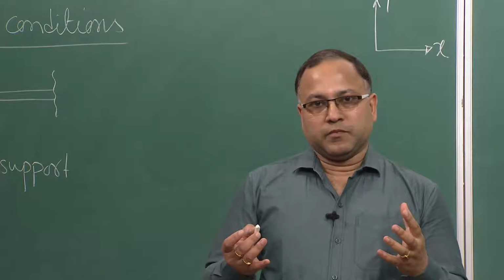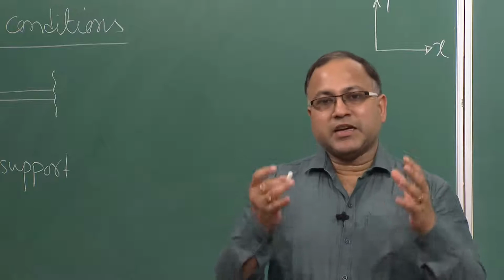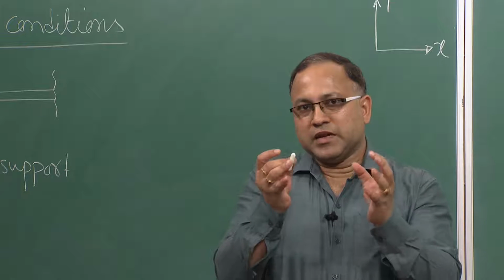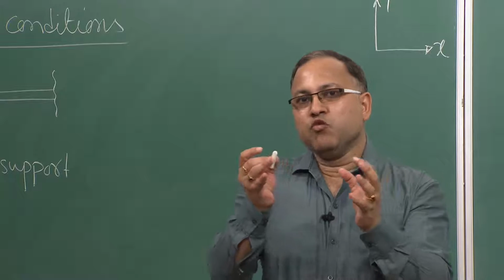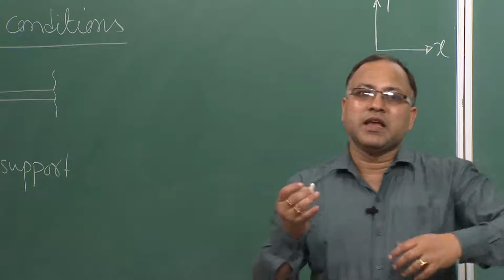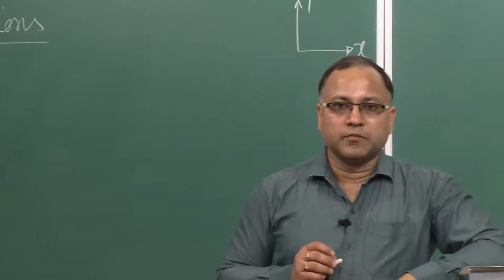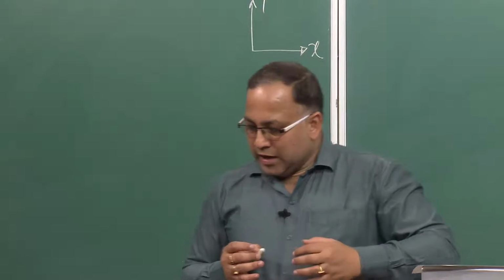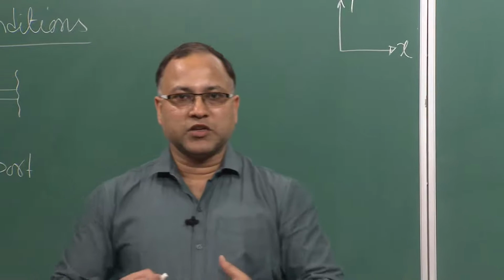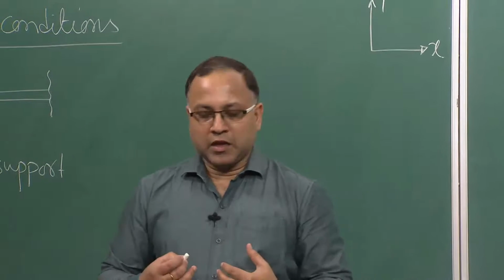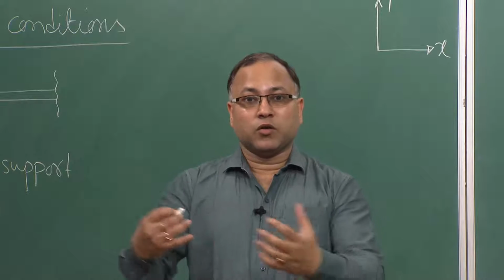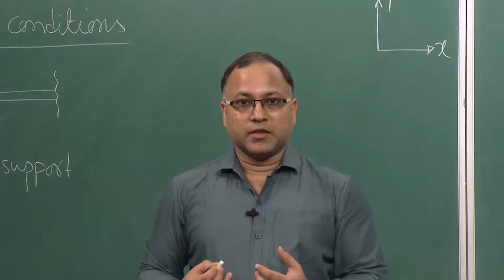What does it mean? If I restrict any system or any component of the system from any movement, then in that direction I will be getting some reactions. Am I right or not? Because I can move in the lateral direction or in the frontal direction, because I do not have any reactions in those directions.